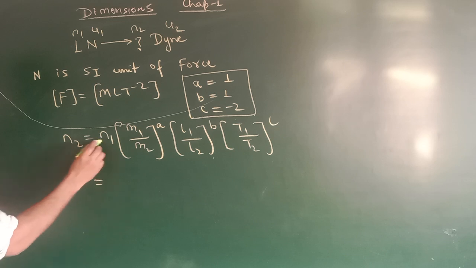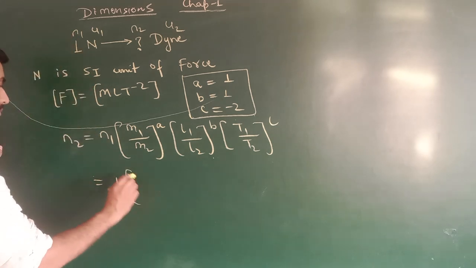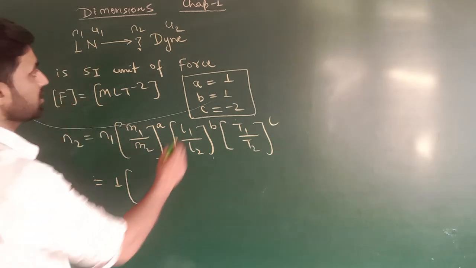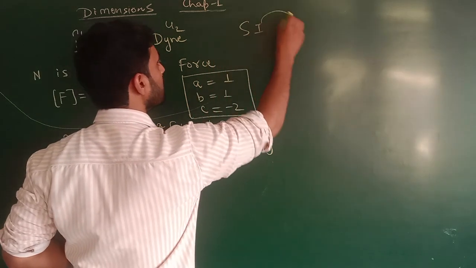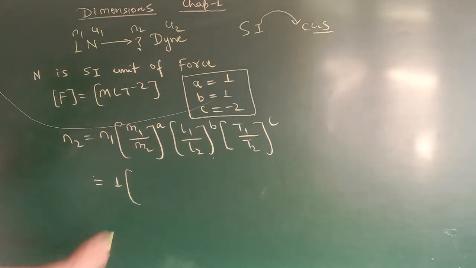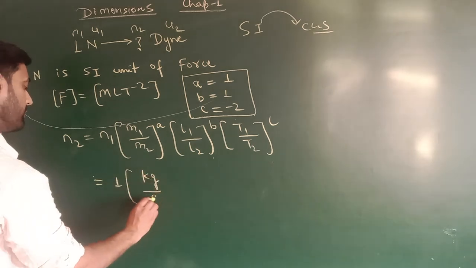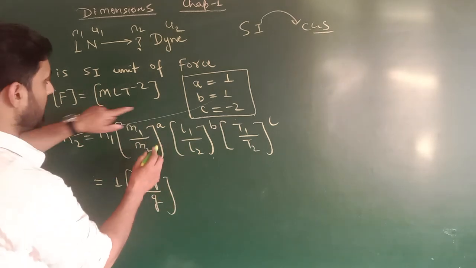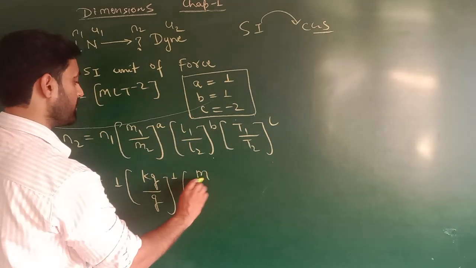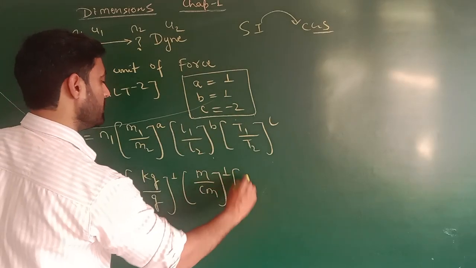So let's substitute the value of N1. N1 is 1. Mass, we will have to change SI to CGS. So M1 is in kg upon grams, A means 1. Next is length, meter upon centimeter, power B again 1.